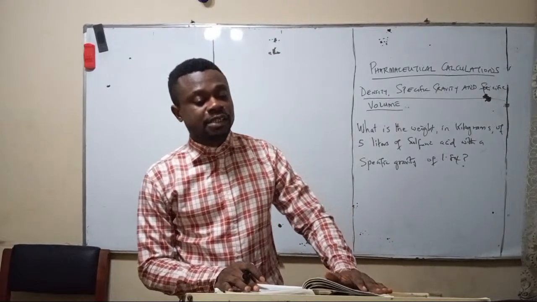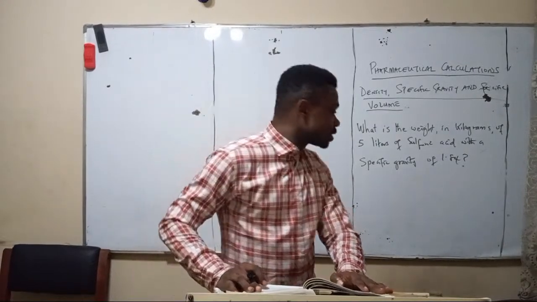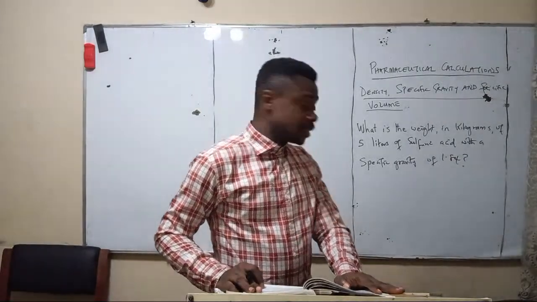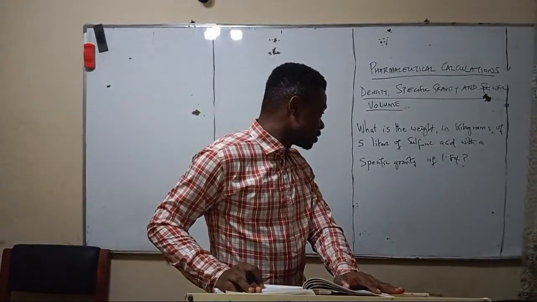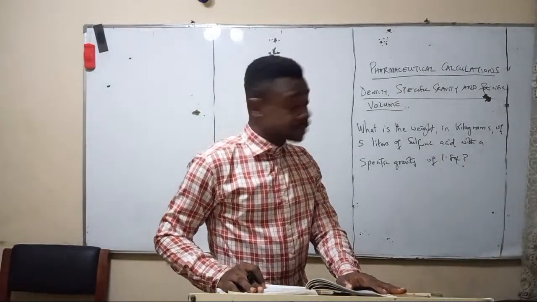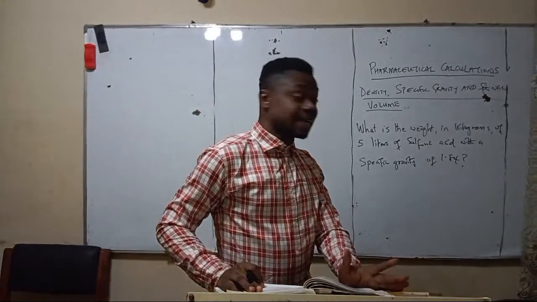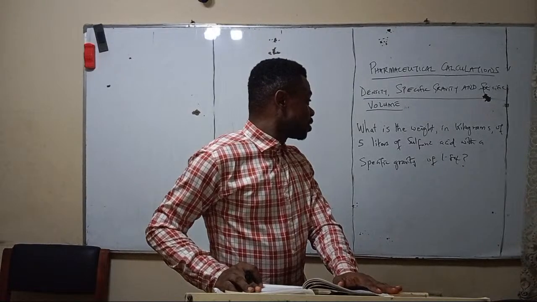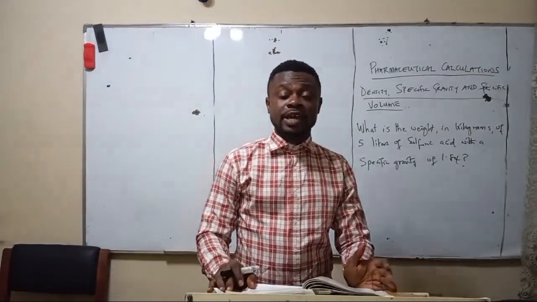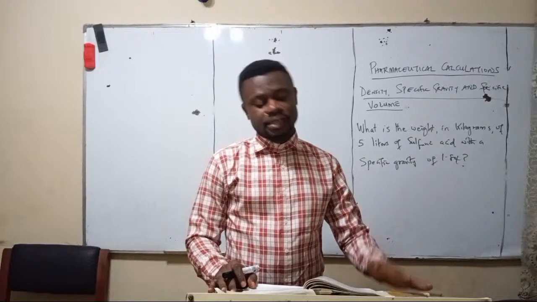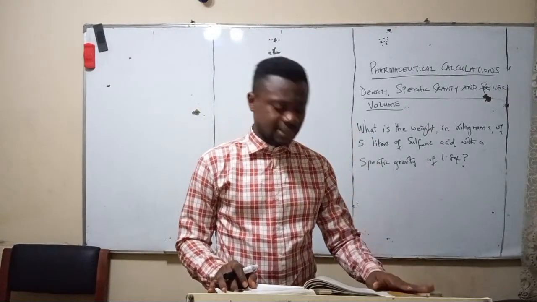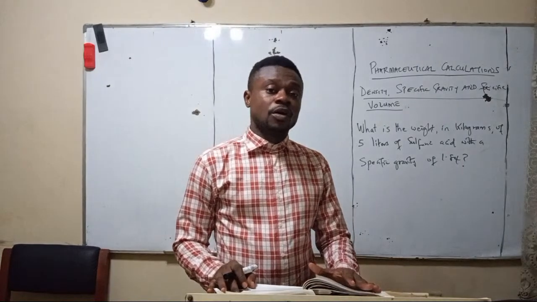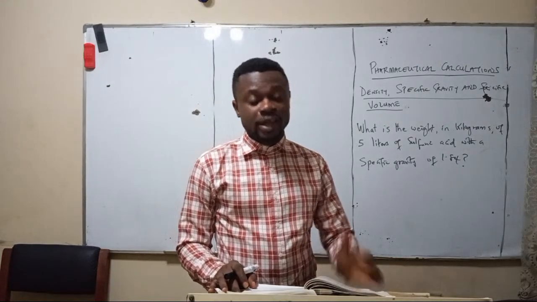Specific gravity is a dimensionless quantity. It's derived, dimensionless. It has no unit. It's a relative quantity, comparing the weight of a particular substance to the weight of an equal volume of water or a standard.